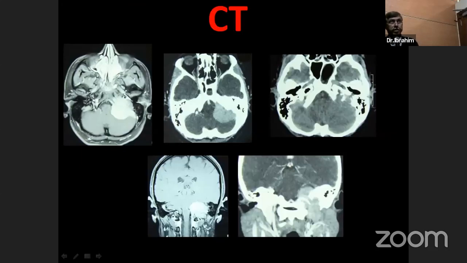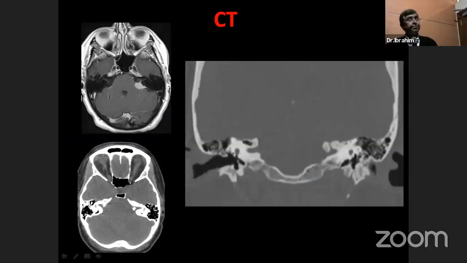Here it's eating away the petrous. So CT is essential. You don't just do MRI and say, oh, there is a tumor, let's hit it with gamma or let's operate. You have to learn more. So CT scan of the petrous bone, MRA, MRV are part and parcel of this management.